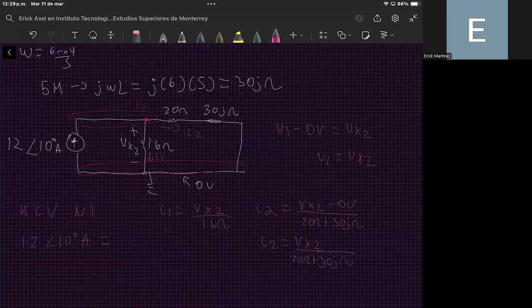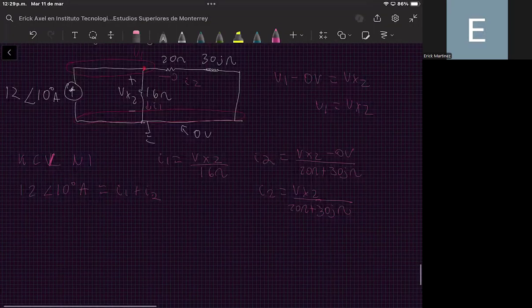Remember that we were applying the Kirchhoff current law to node number 1. The current that is entering is the current of the current source, and the currents that are leaving are I1 and I2.